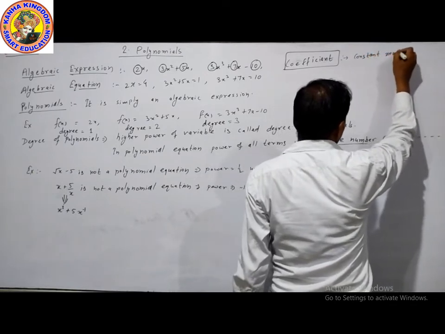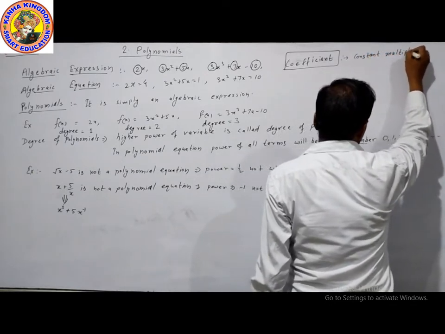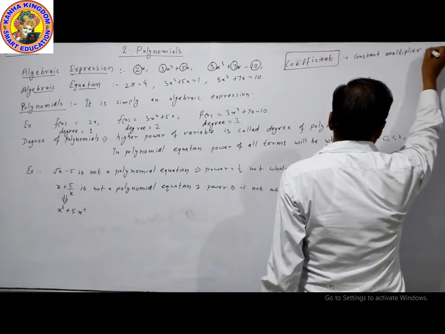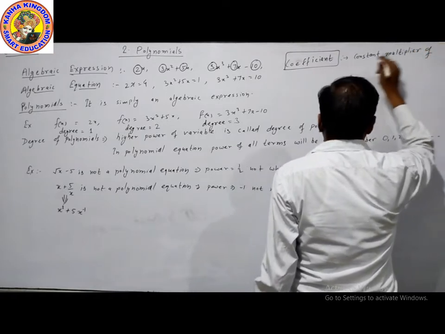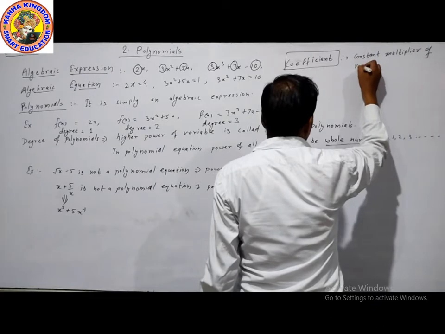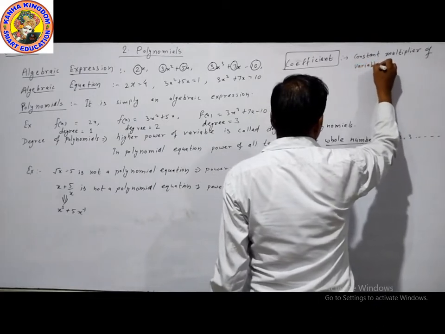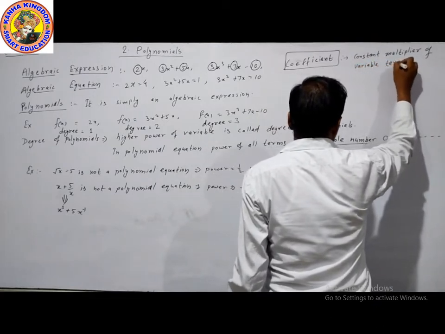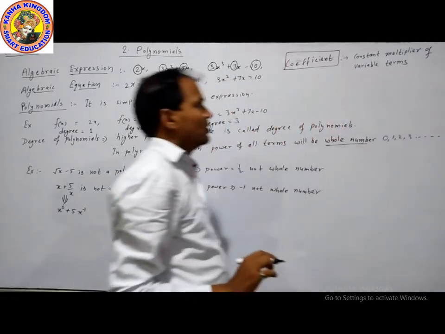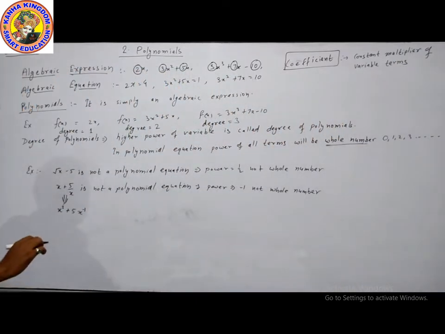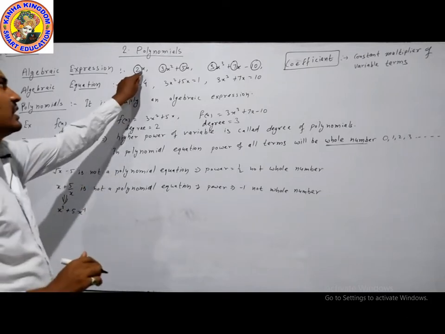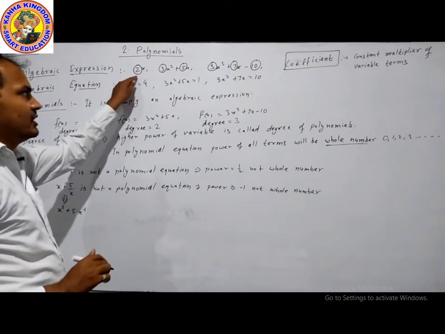Constant multiplier of variable terms is called the coefficient. Here the coefficient of x is 2.